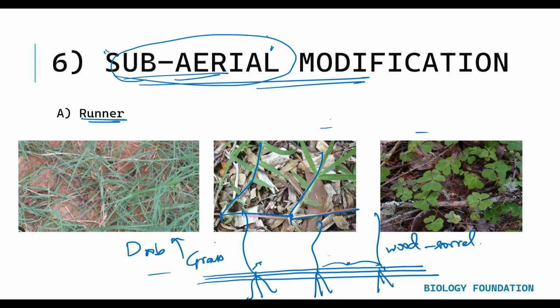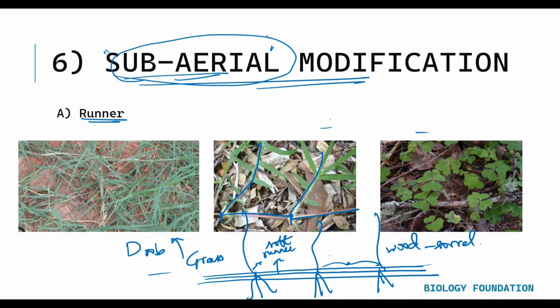So here the stem is horizontally growing on the surface of the soil, not inside the soil. It is in contact with air and it is in contact with soil, hence it is called subaerial modification. And this branch that develops is called a runner and it is soft. It's a horizontal stem that produces new plants at multiple nodes.